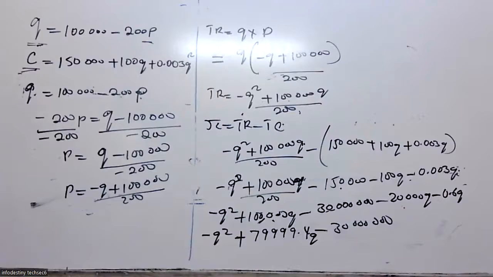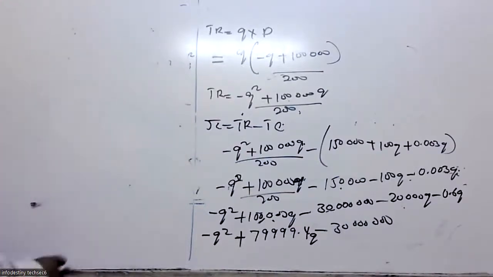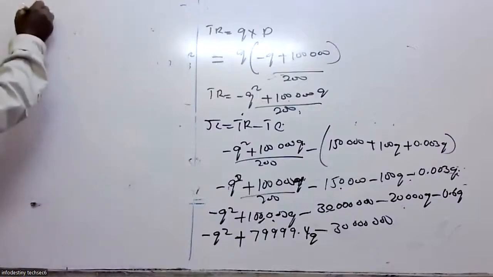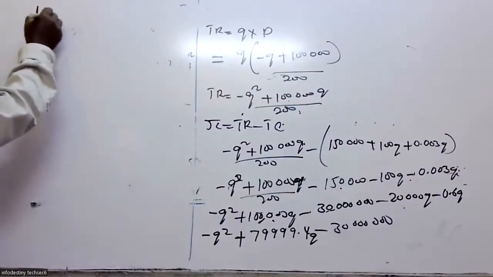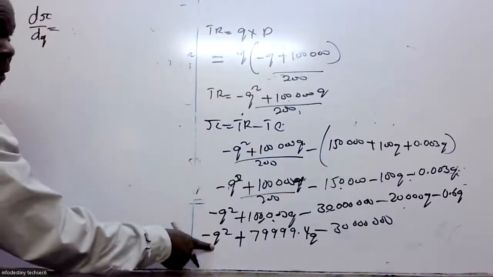Now they want us to get the number of units, so we differentiate the profit. When you're differentiating the profit, you're going to say that d profit over dQ will be equal to this. This is the profit. You're together.